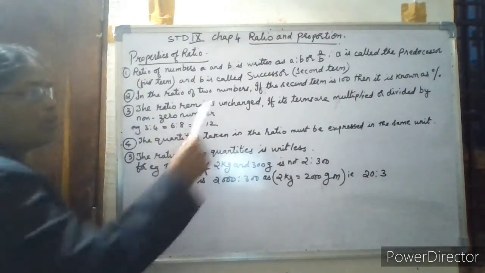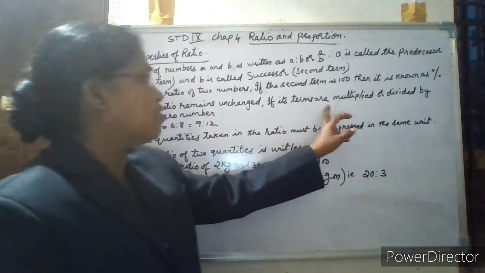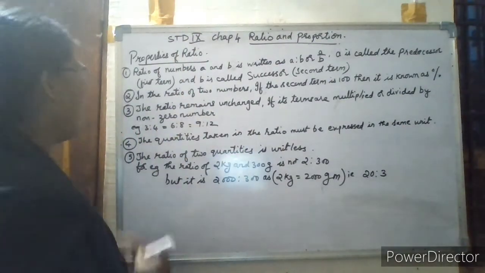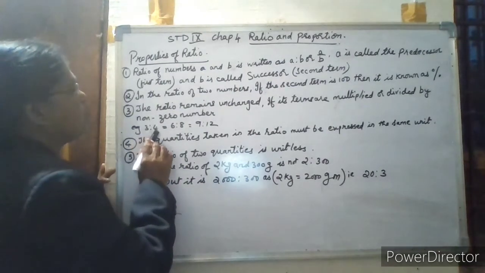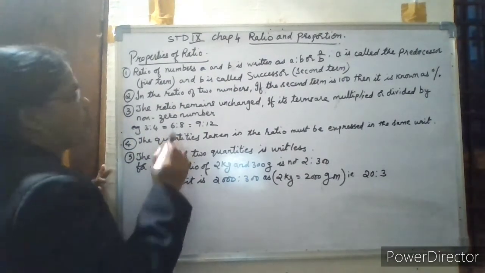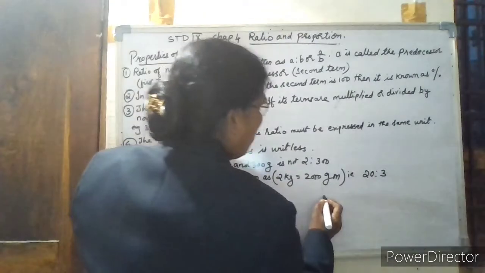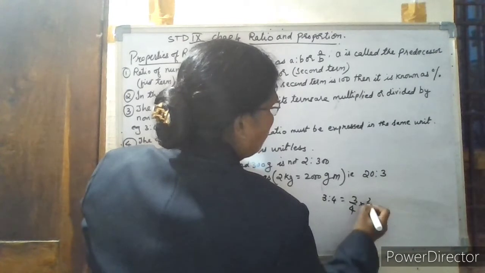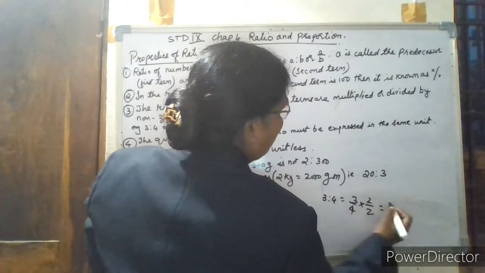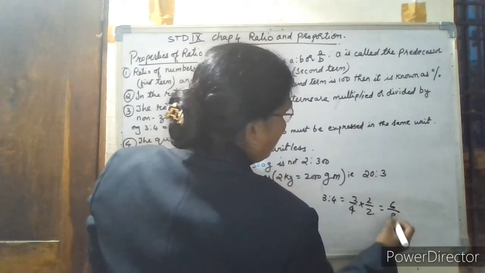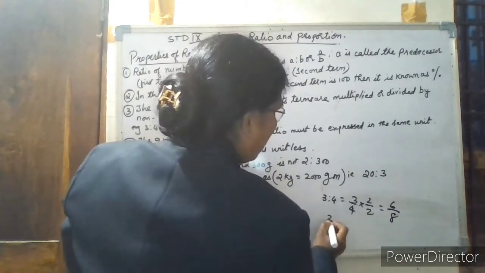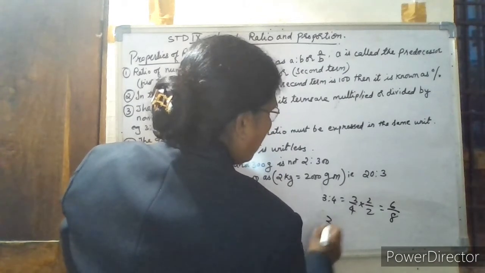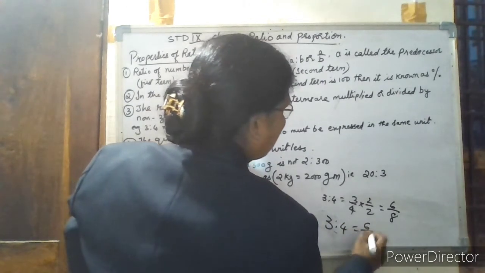Third property, the ratio remains unchanged if the terms are multiplied or divided by non-zero numbers. For example, 3:4 is equal to 6:8. 3:4 can be written as 3/4. If you multiply by 2/2, you will get 6 upon 8. So 3:4 is equal to 6:8.